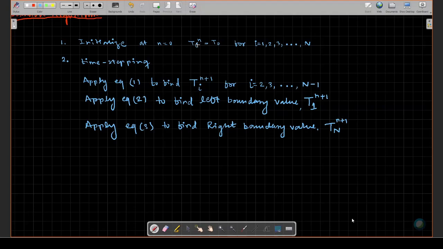This value you can obtain from equation number 3.